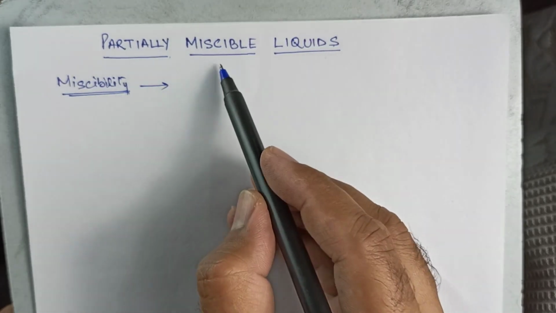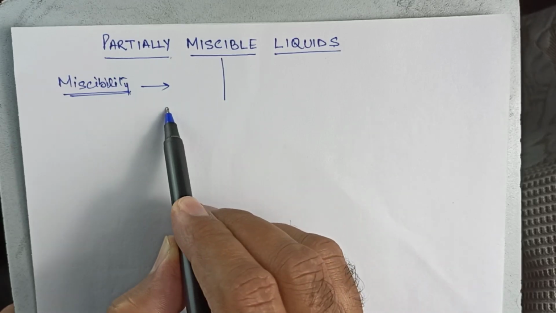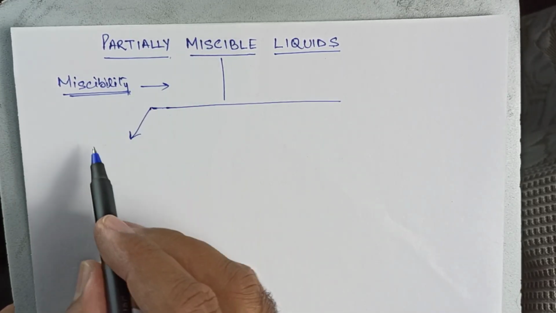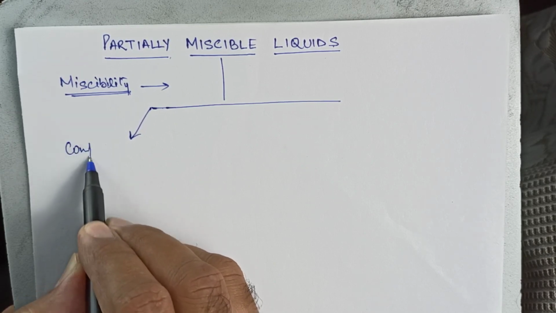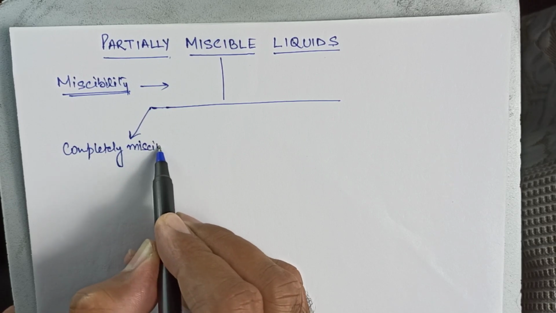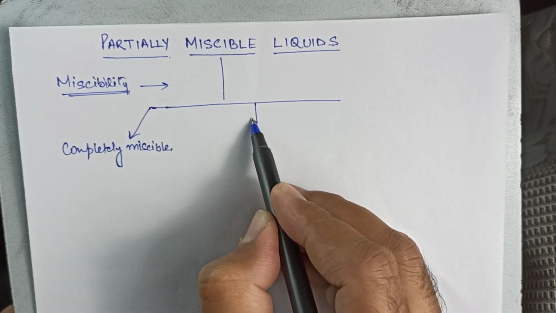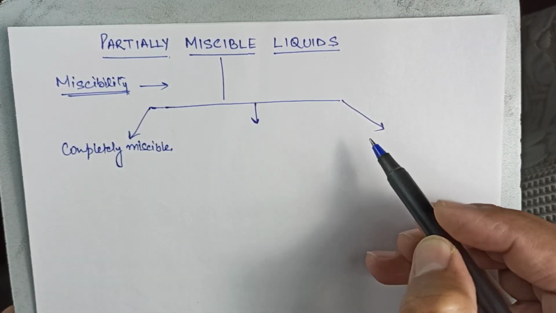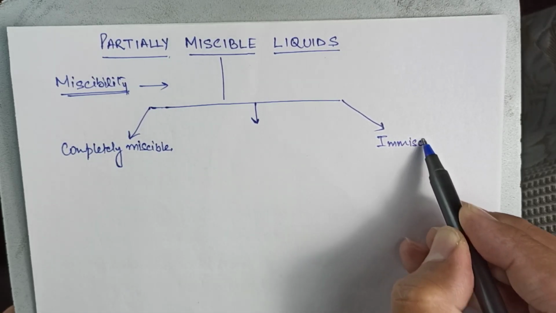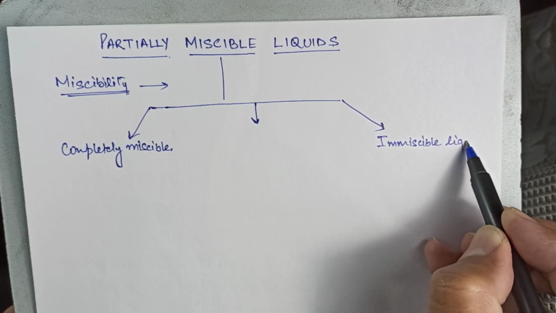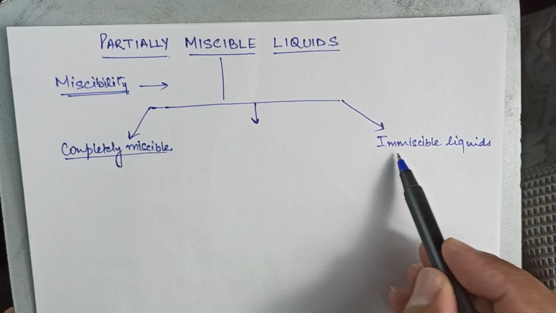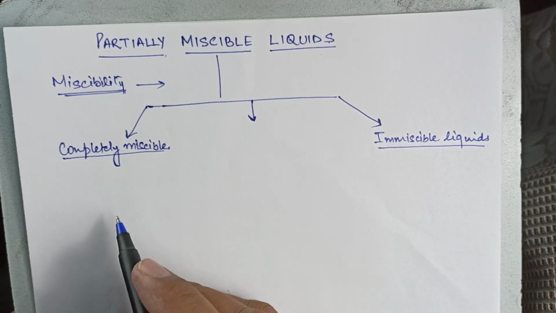Okay, so the miscible liquids are of three types. One is the completely miscible, and another category is the immiscible liquids. Okay, so what are the miscible and the immiscible liquids?